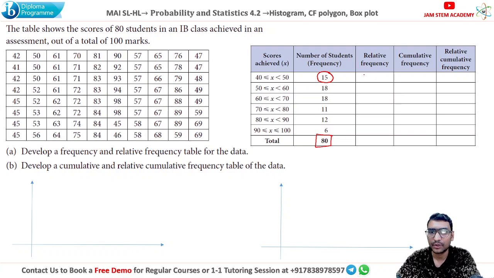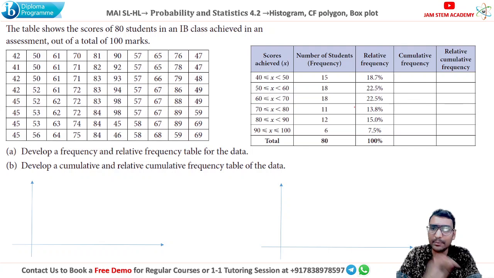So 15 by 80, that value is the relative frequency. If you multiply it with 100, you can get its percentage also. In this way, you will get 18.7 as percentage, and so on, like 18 divided by 80 times 100 gives us the second value, which comes out as 22.5, and so on.